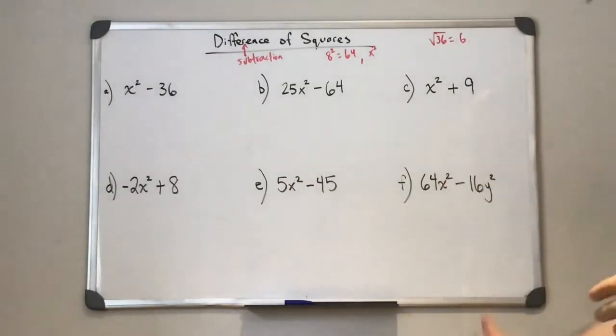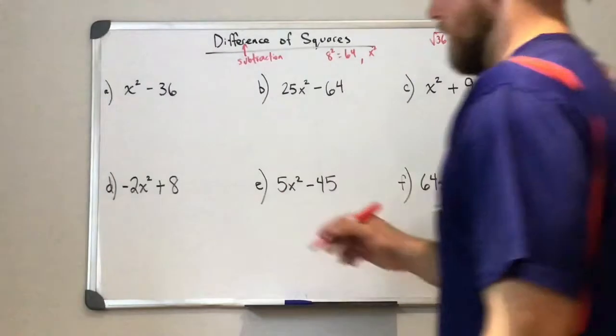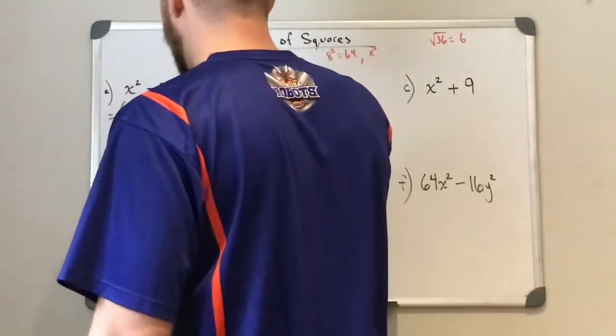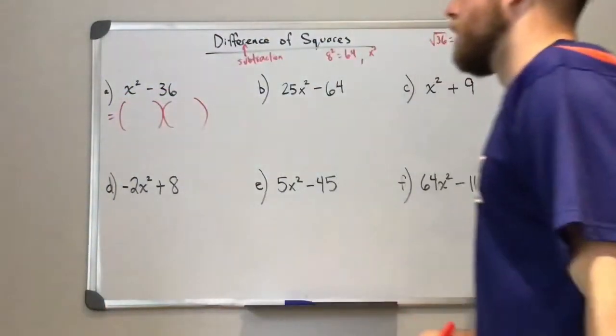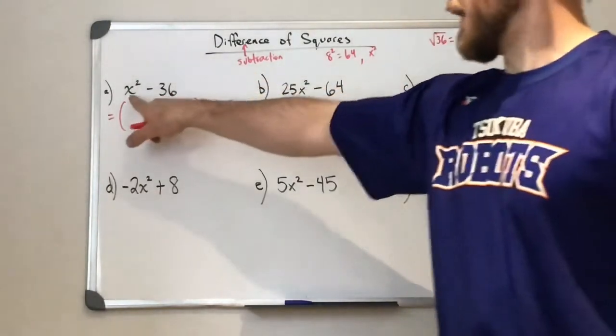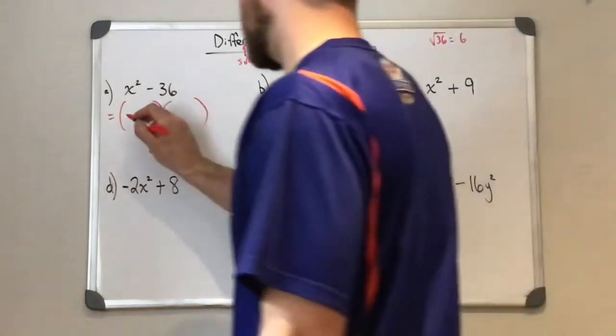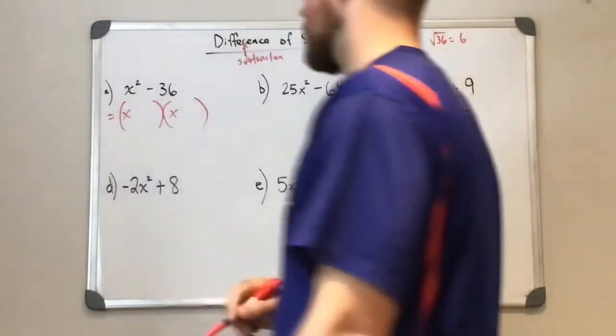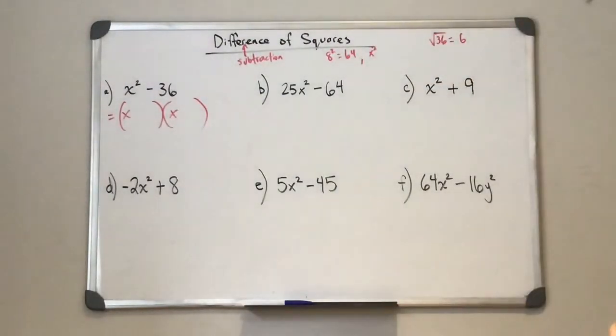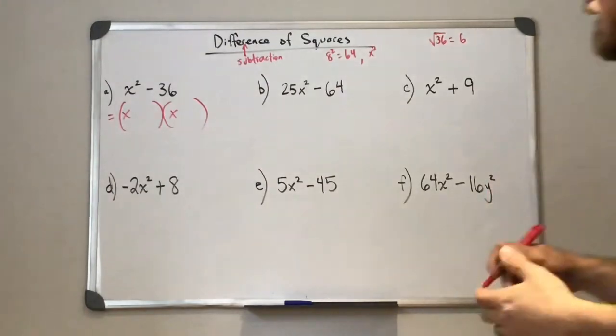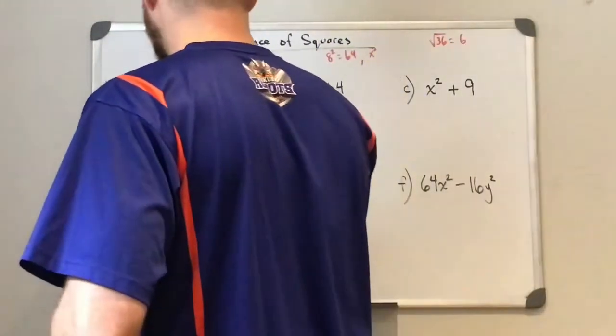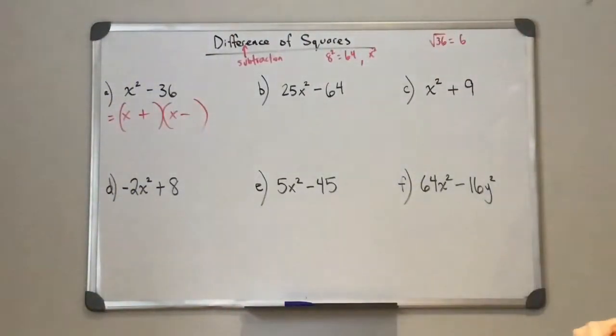So this actually factors pretty easily once we can identify what type of factoring it is. First thing we're going to do is break up that x squared so that there's an x in front at the beginning of each set of brackets. The next thing we're going to do is put a plus and minus.